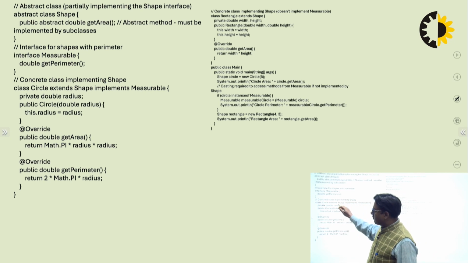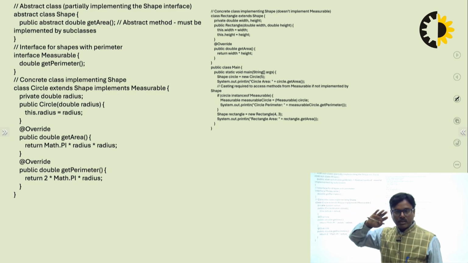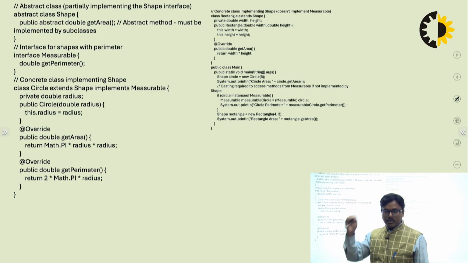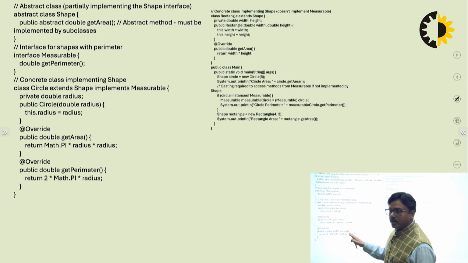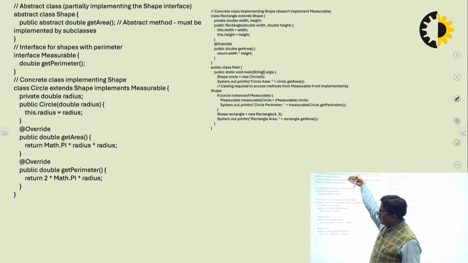Now an example, as we have already talked about the abstract method and concrete method, so both are explained here. The abstract method has been declared here. Now we are trying to declare concrete methods. A class Circle extends what? The abstract class Shape that has been declared, and we have already declared the interface here, which also has a method, that is double getPerimeter.